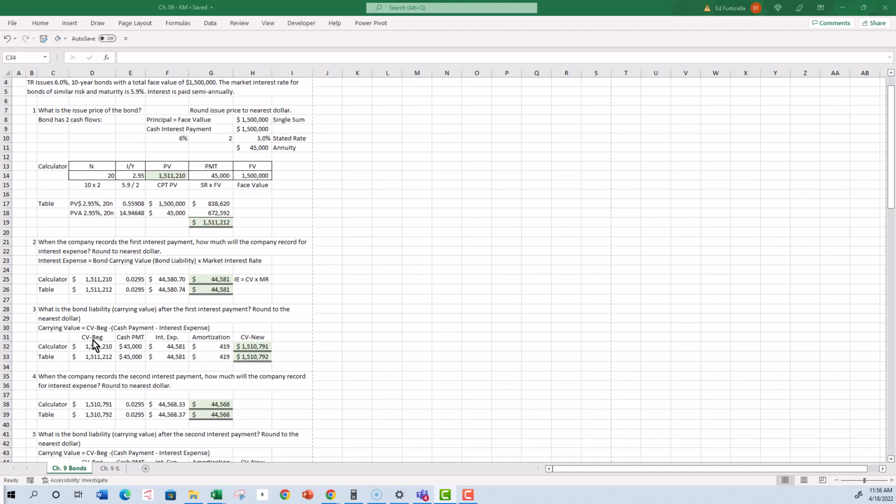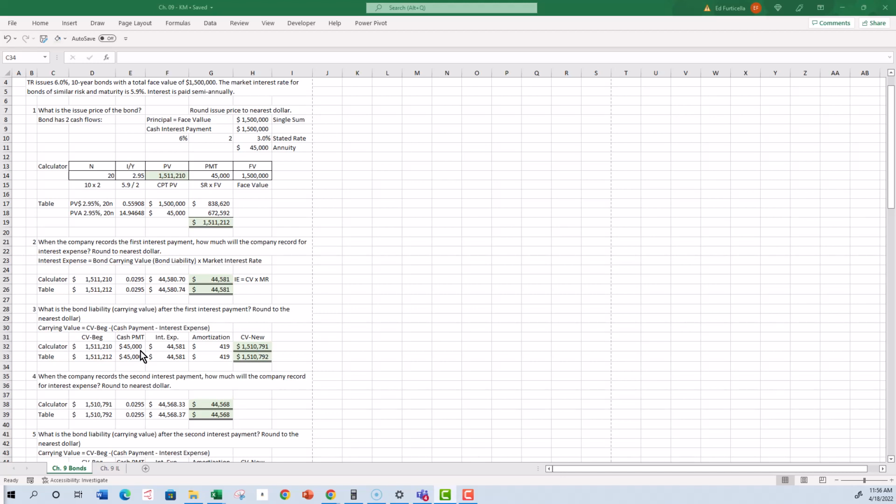Round to the nearest dollar. The carrying value is always going to be the carrying value from the beginning of the period, adjusted for the amortization of the bond premium. The amortization of the bond premium is the difference between the cash interest payment and the interest expense amount. For a calculator, we're going to use the 1,511,210.